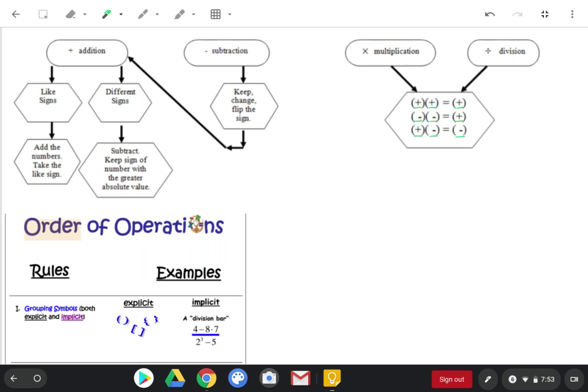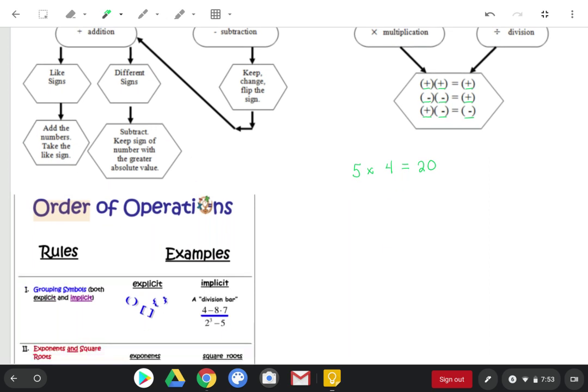So if I had positive 5 times positive 4, the answer would be positive 20. If I had negative 3 times negative 2, the answer would be, remember, a negative times a negative is a positive, so the answer would be positive 6.